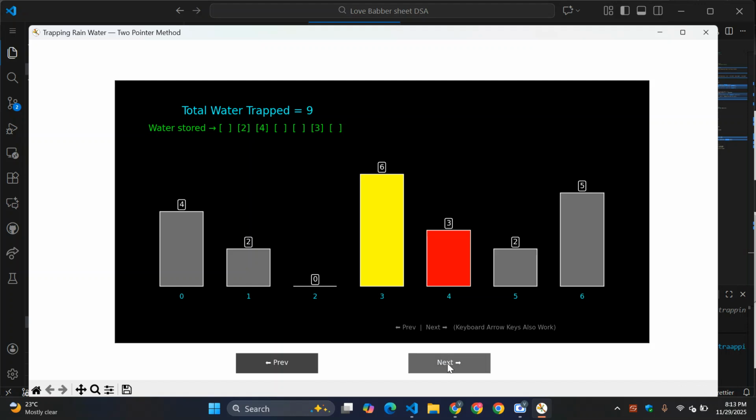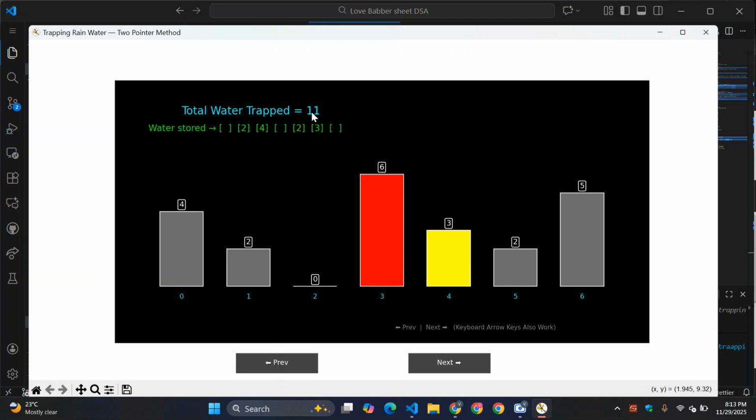The next time here 2 is stored. This 6 will not store any, because it's a boundary, so it's not showing anything. Our answer is 11.